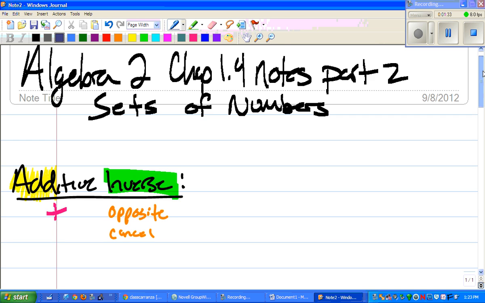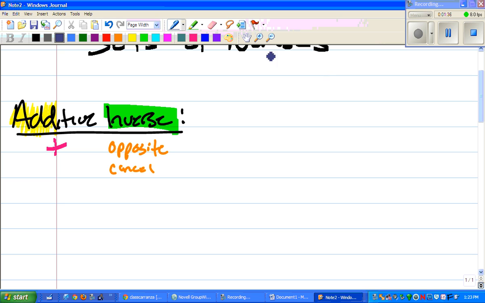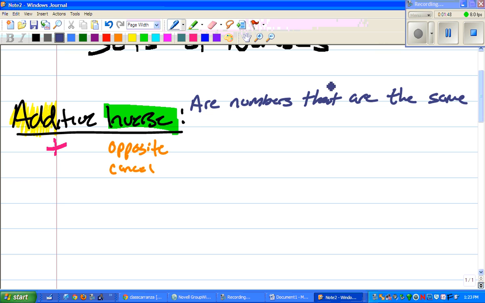So the definition of the additive inverse is, the additive inverse are numbers that are the same distance away from 0.